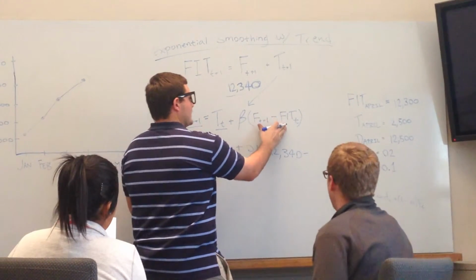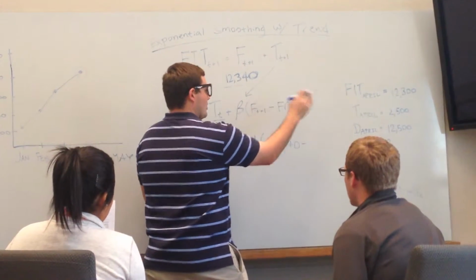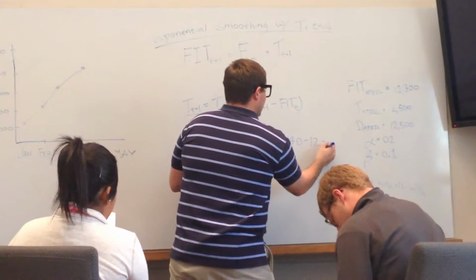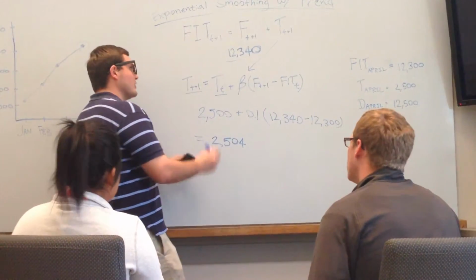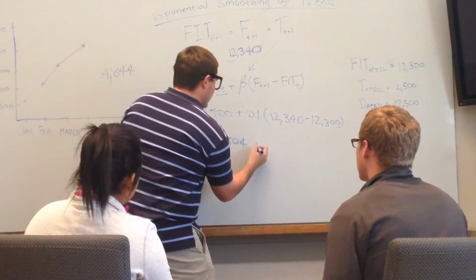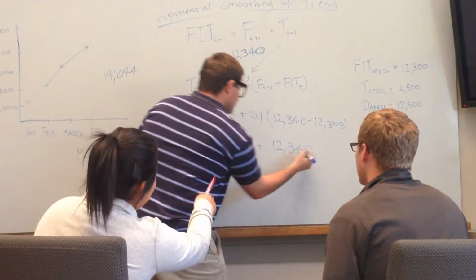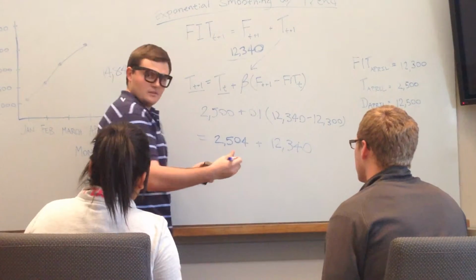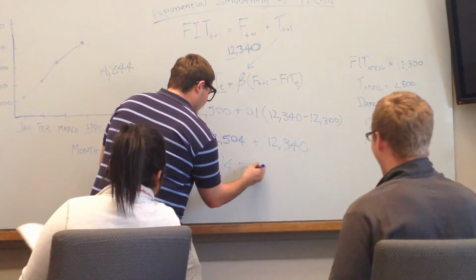And the forecast including trend for April, which is 12,300. So this is going to give us our trend component. You're going to add that to the forecasting component that we already calculated. And that's going to give you a total of 14,844. Nice!